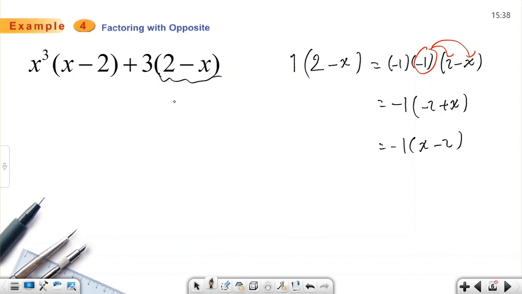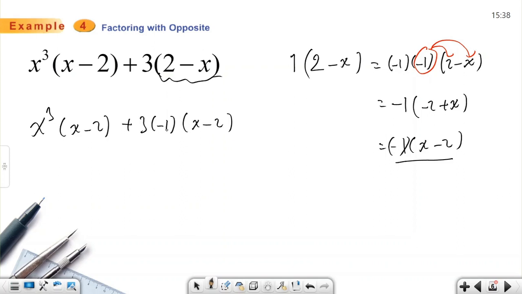Here, instead of this 2 minus x, I'm going to write that one. X cubed times x minus 2, plus 3 times minus 1 multiplied by x minus 2. Here, 3 times negative 1 becomes negative 3. X cubed times x minus 2 minus 3 times x minus 2.